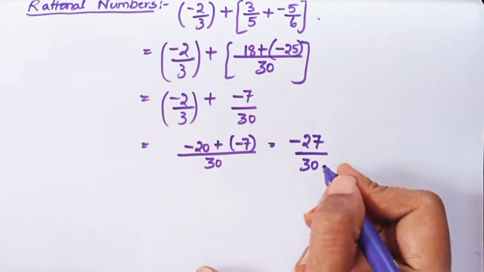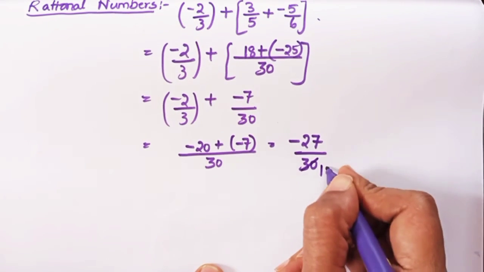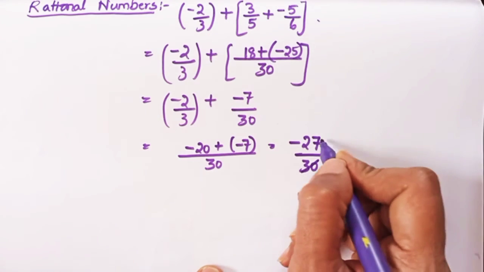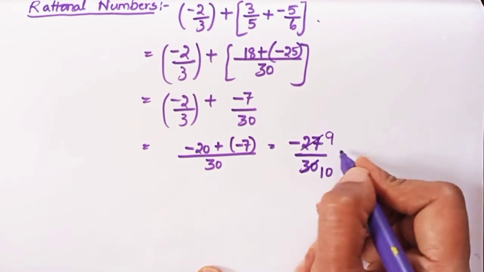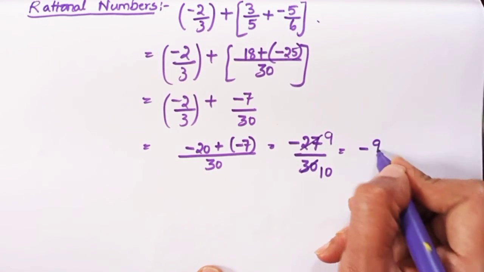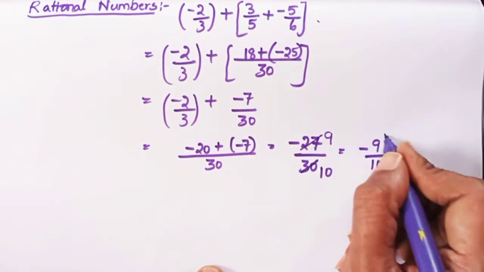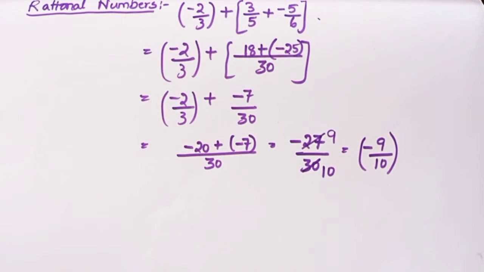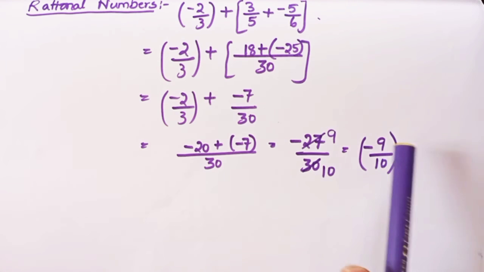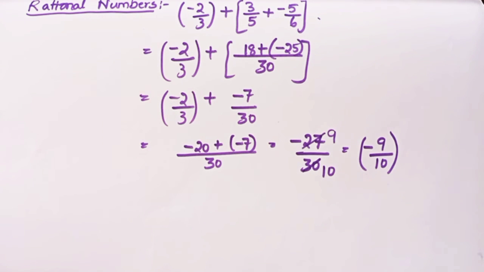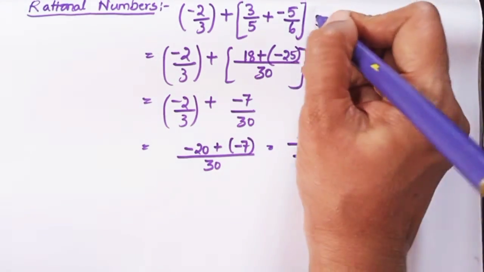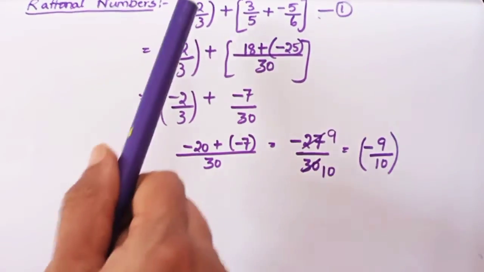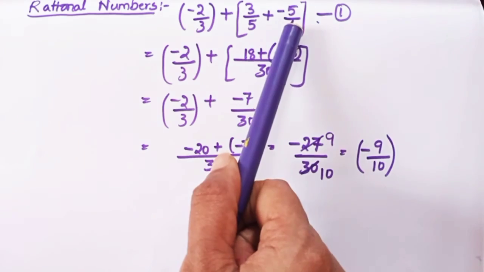Am I correct? 3 tens are 30. 3 nines are 27. So my answer is minus 9 by 30. Minus 9 by 10, in the simplified terms. Okay. Now keep it like this. This is the first case. That is A plus B plus C.